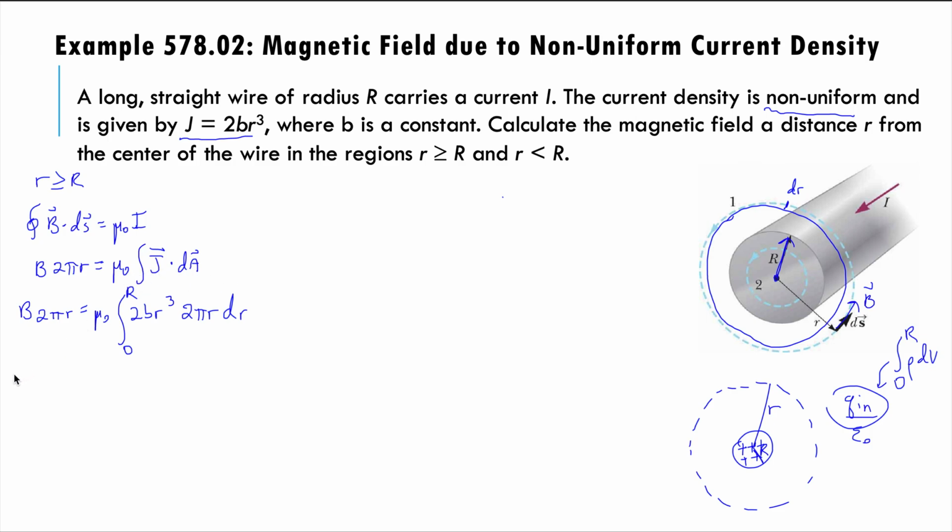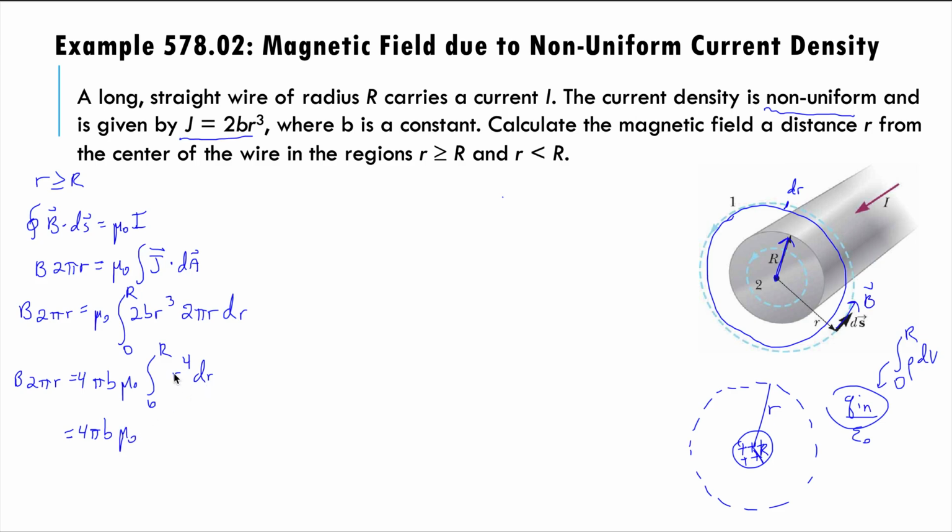Let's go ahead and simplify. B 2 pi r. Let's take out the 2 pi b, sorry, 4 pi b out of the integral. So we have the integral from 0 to capital R of r to the fourth dr. And that's going to give us 4 pi b mu naught.